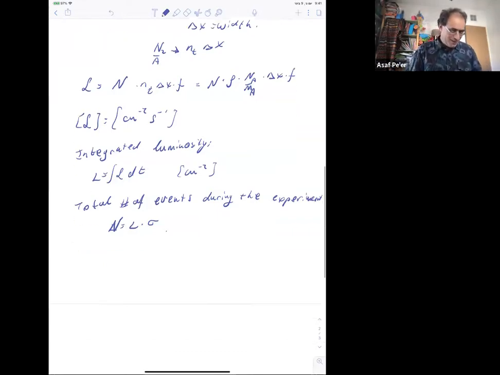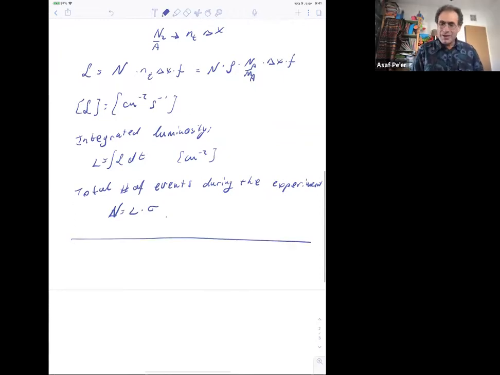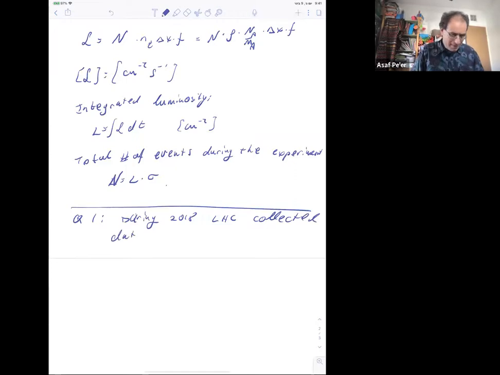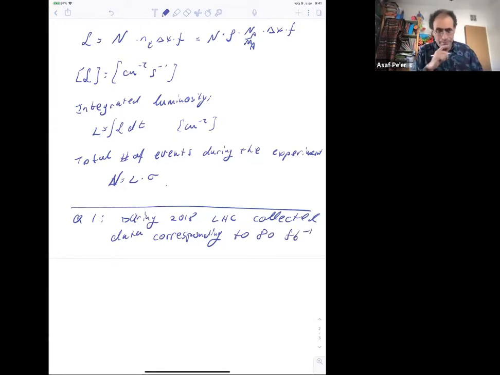Okay. So let's do a quick question about that, right? So in 2018, question number 1. During 2018, the LHC collected data corresponding to 80 femtobarn minus 1.